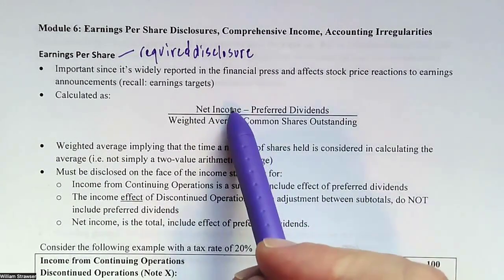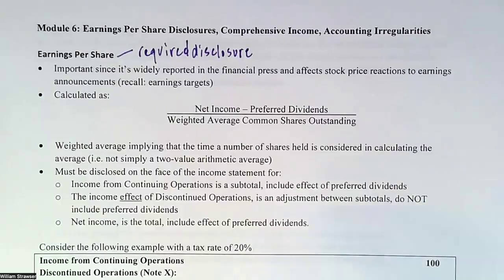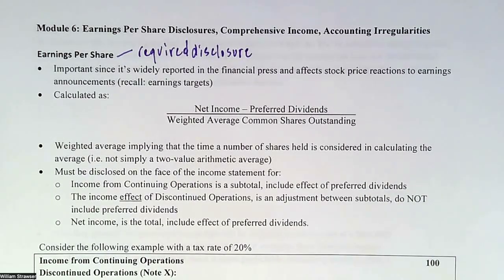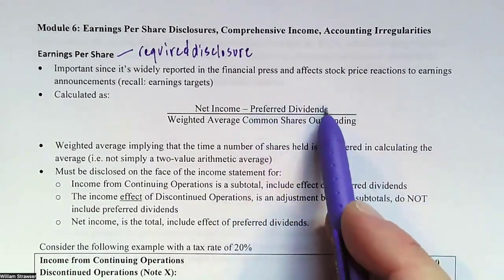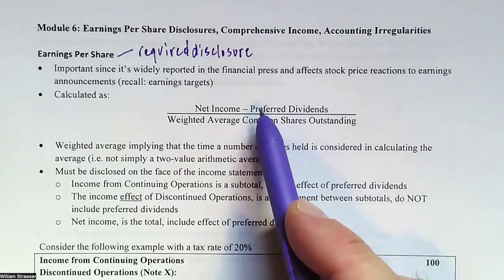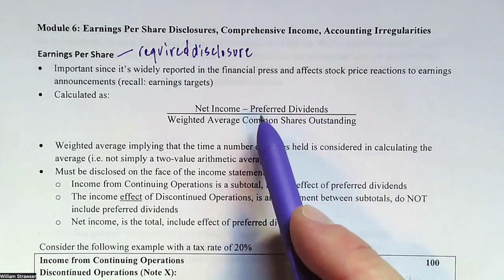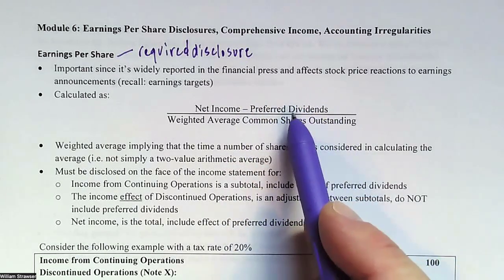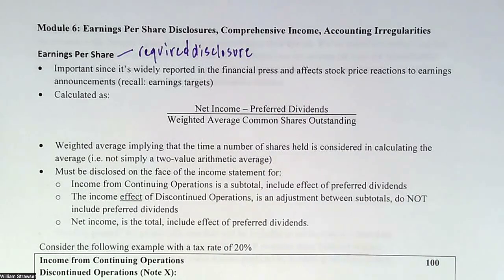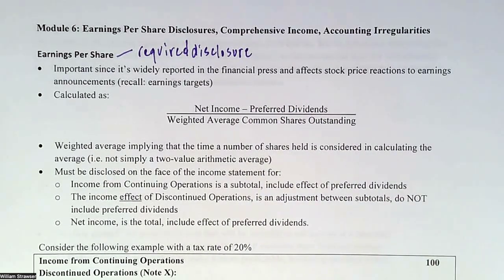So we have net income, and that represents the wealth that the company generated during this period. We subtract off preferred dividends, any dividends that will be paid to preferred shareholders, because those dividends must be paid before common shareholders can access any of the wealth generated by the company.